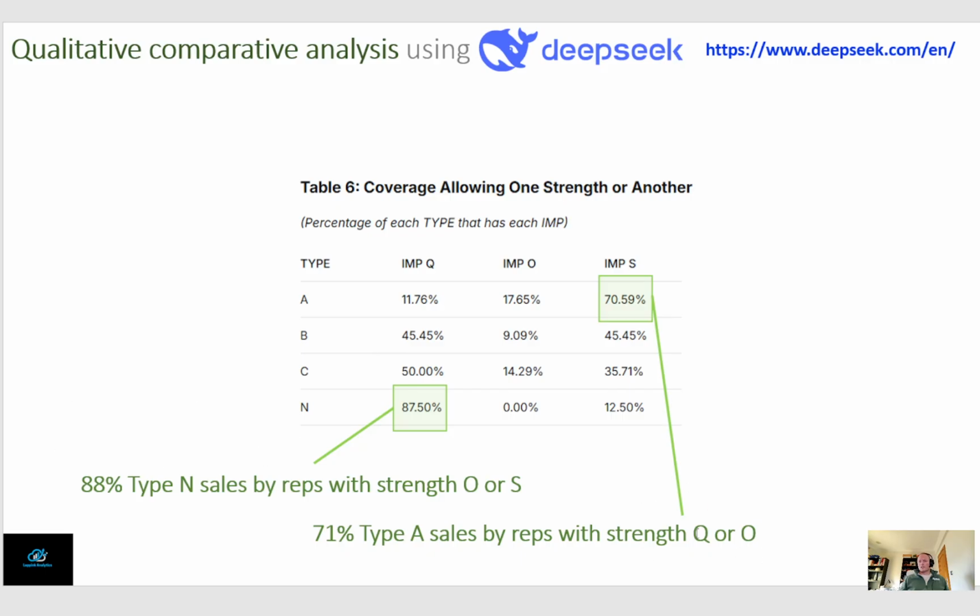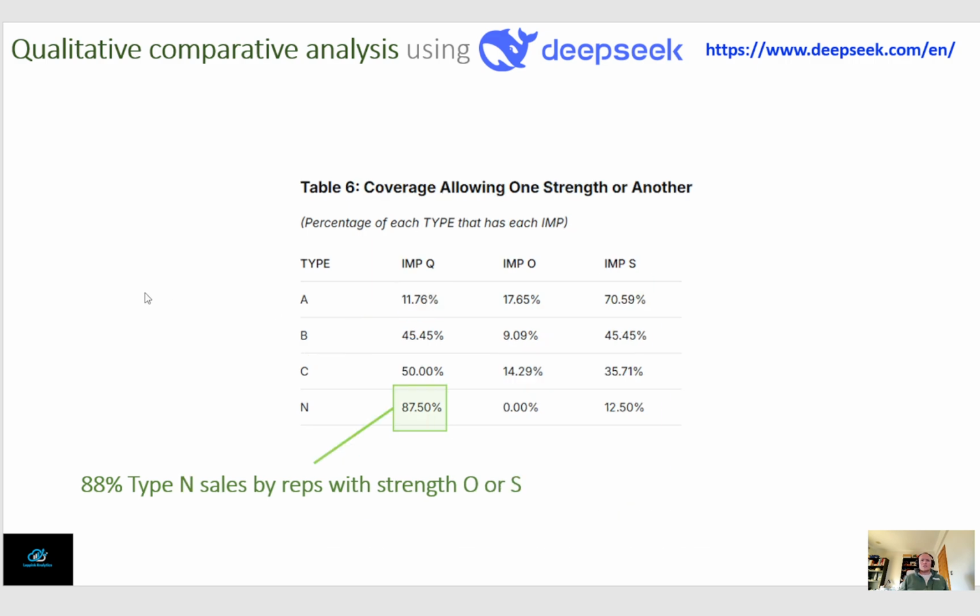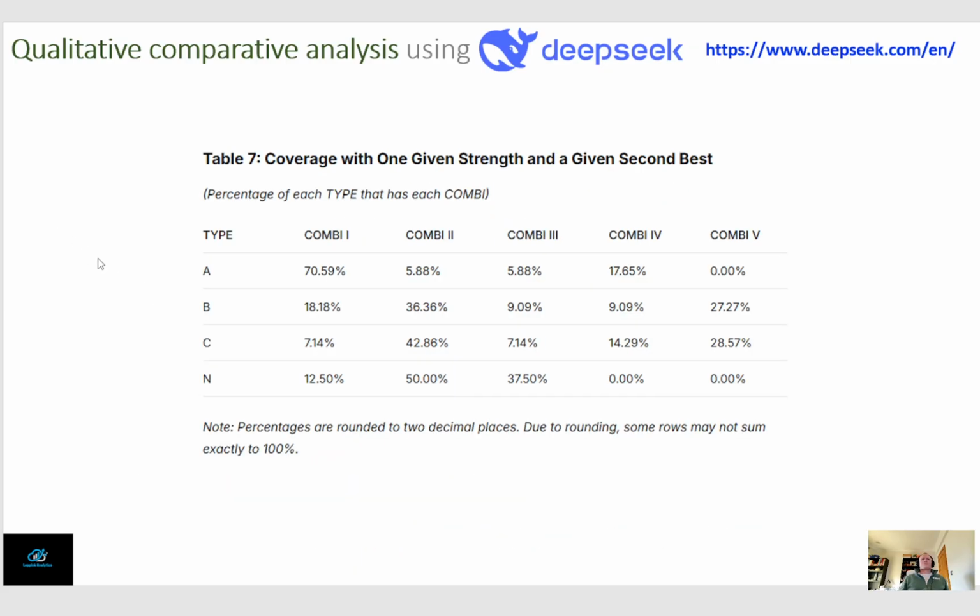We saw before that the strength questioning is actually the biggest. Strength opening doesn't add so much. Because with only strength questioning, it was, let's see, for the A service, 88%. Okay, so that's interesting.